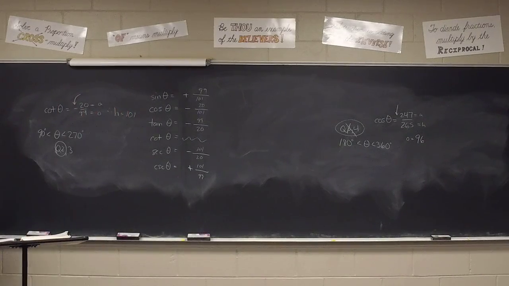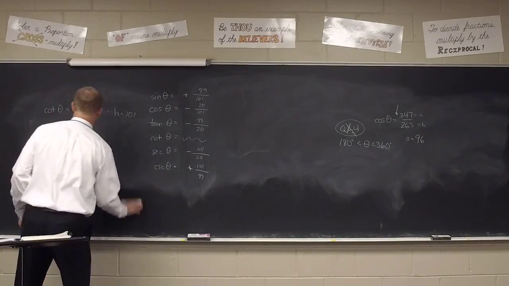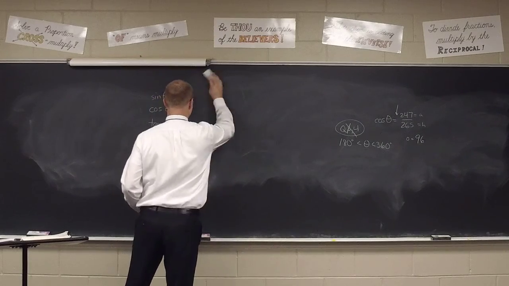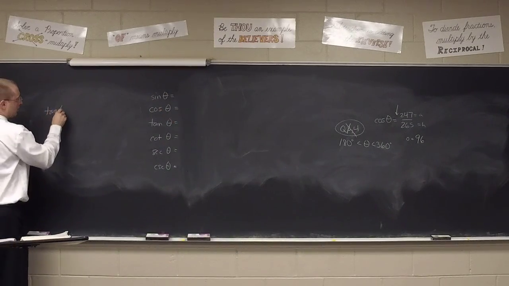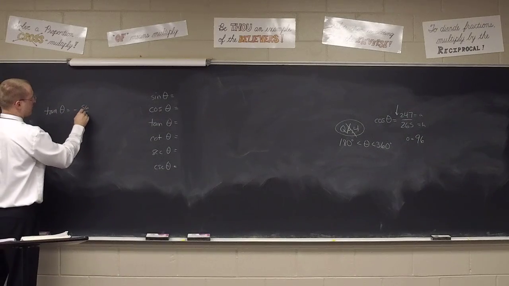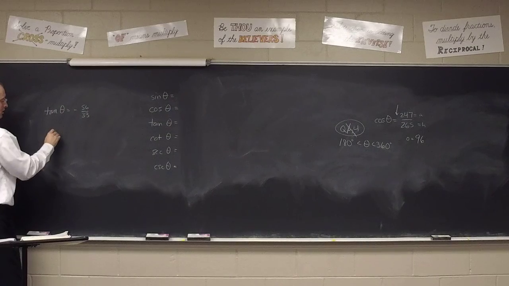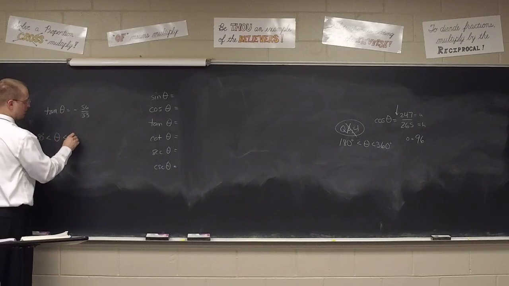All right, look at number 59. What's the given information here in number 59, Ethan? Tangent theta equals negative 56 over 33. Okay? And negative 90 degrees is less than theta is less than 90 degrees.